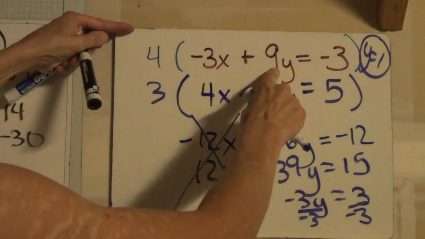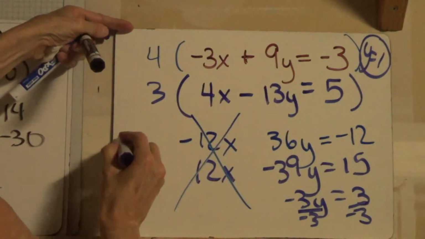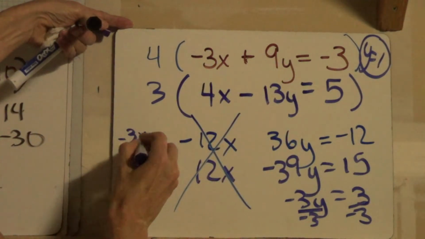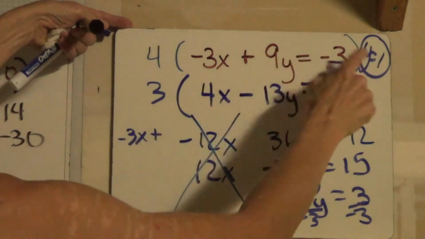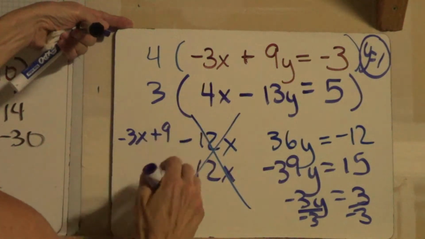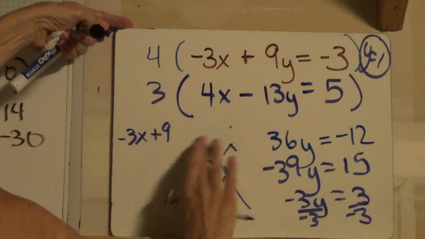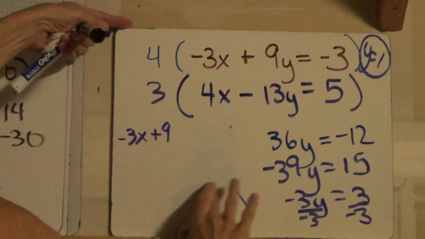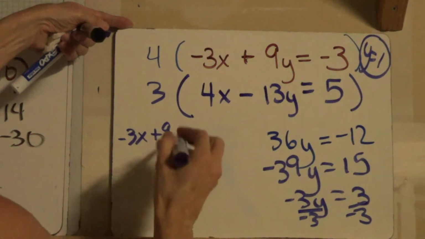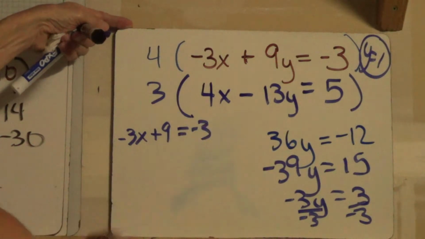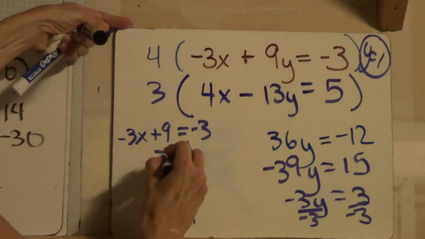Then just plug it back in here. Negative 3x plus 9 times 1 is 9. Equals negative 3. Draw our line, subtract 9 from each side.